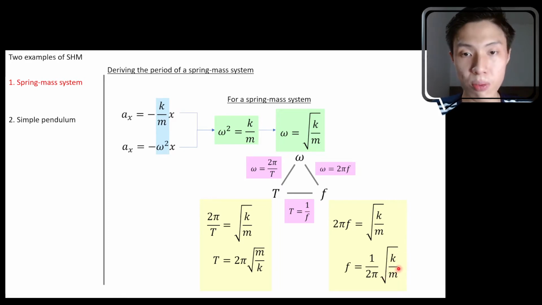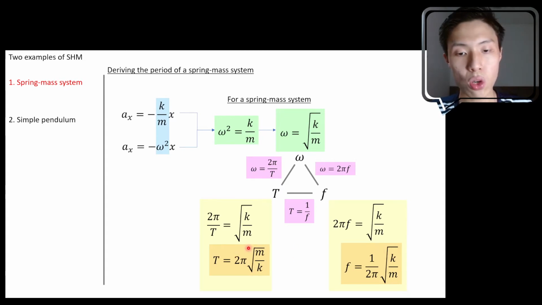So from this process, we have obtained the equation for period and the equation for frequency. And if you notice, the equation for period and the equation for frequency are just inverses of each other. So you can obtain the equation for frequency or the equation for period by inverting its counterpart.